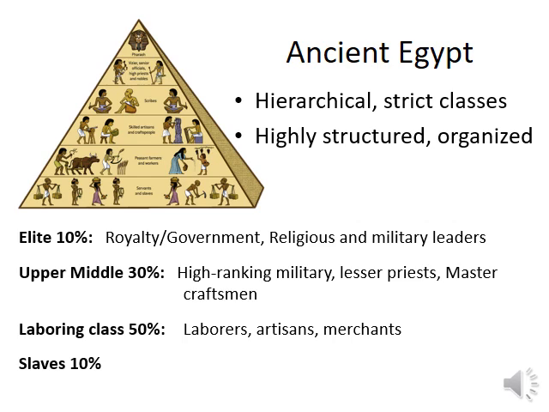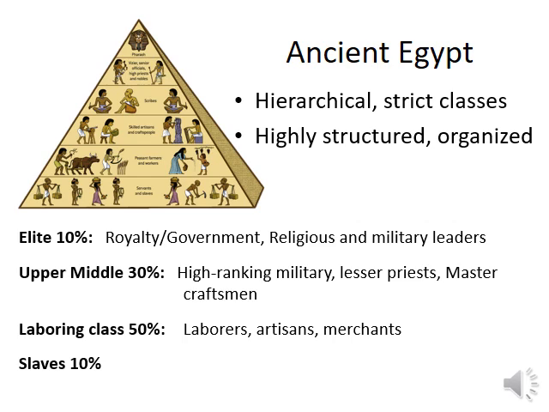First, the elite represents about 10% of the Egyptian population. Obviously, the pharaoh belonged to this, but this also included other members of the royal family, government, religious and military leaders. Then moving down, we had the upper middle class, and again, this had some subdivisions.